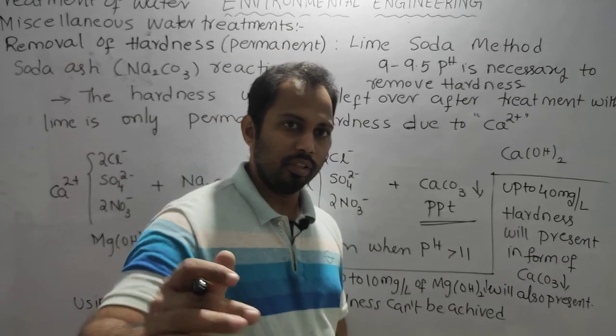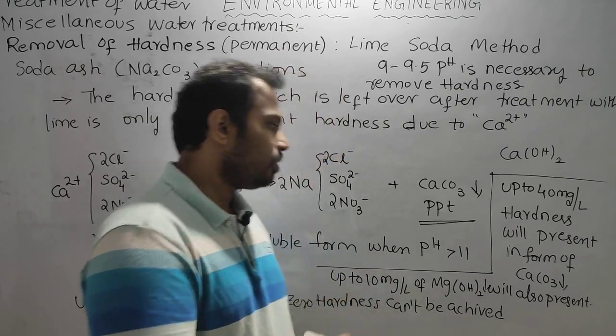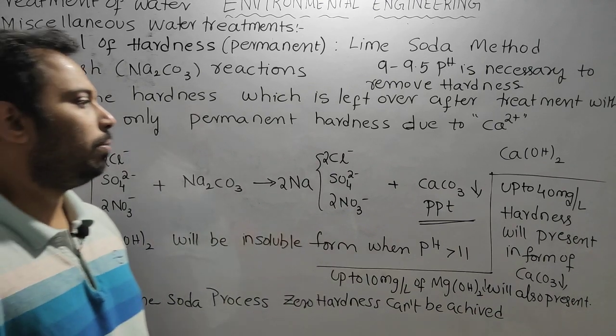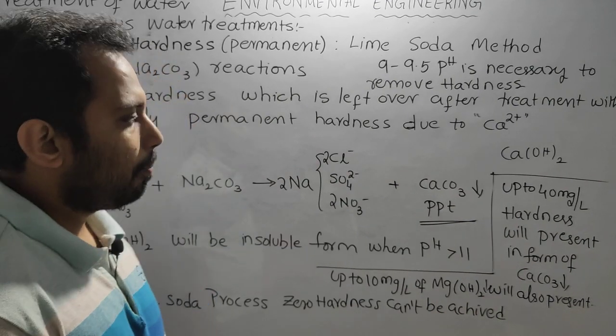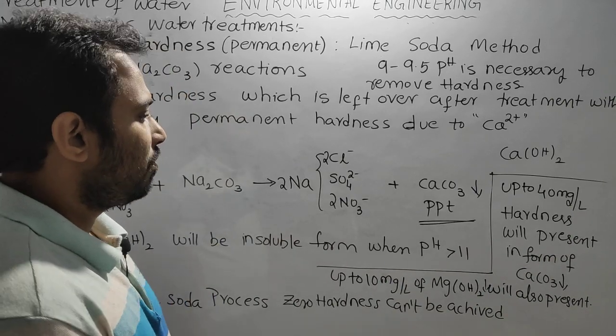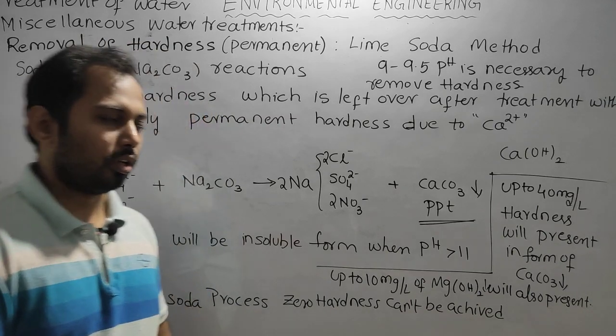Then if these compounds settle inside the distribution system, they may reduce the pipe cross sectional area, by which it is difficult for us to remove them, and the pipe may also fail because of this reduced cross sectional area.